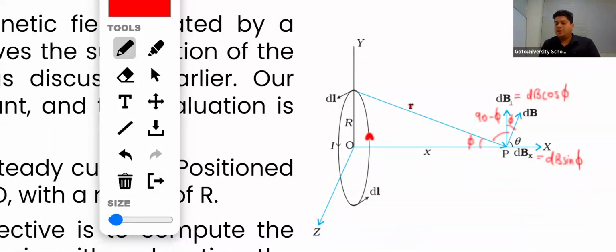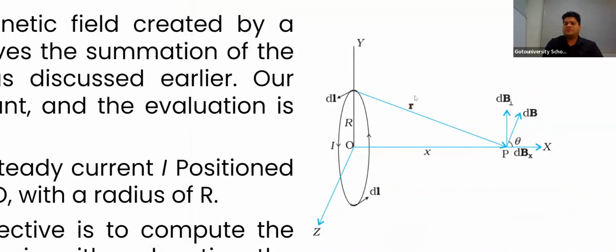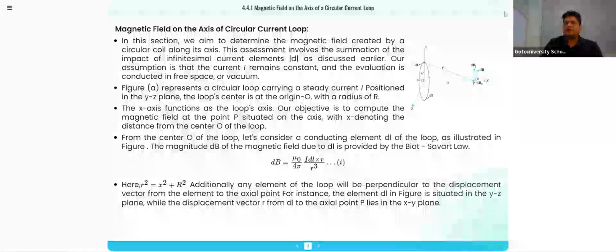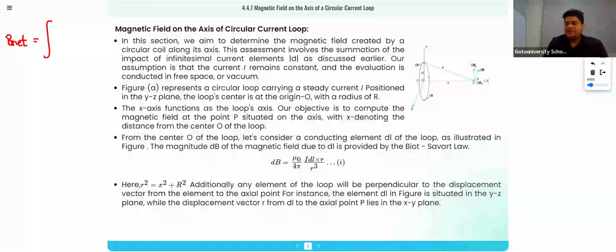Now, what you are supposed to find? You are supposed to find how much magnetic field is produced. So I will give you the derivation for this. First of all, the net magnetic field will be the integration of dB sin theta.